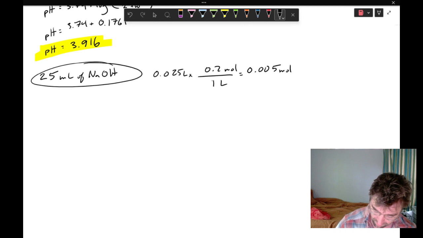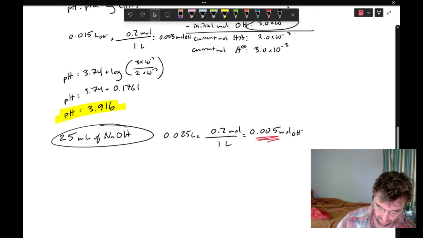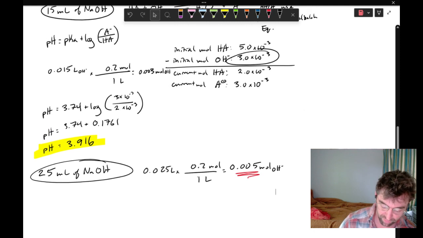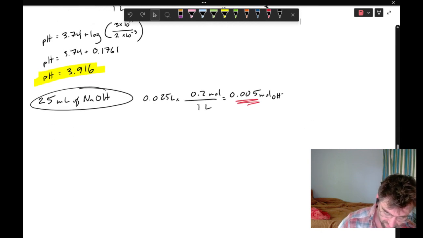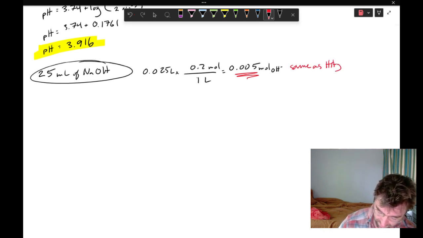0.005 moles of hydroxide. This should be ringing some alarm bells because we said that our initial number of moles for the acid was also 0.005 moles. And that's important because this tells us that this is the equivalence point.